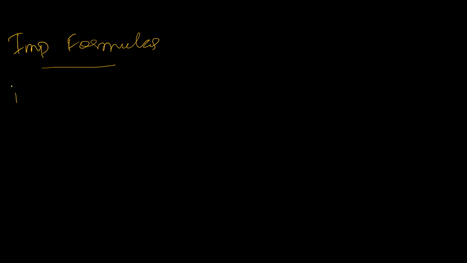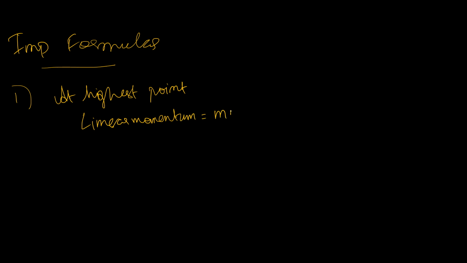First one: at the highest point, the linear momentum is m u cos theta, and the kinetic energy is equal to half m, where m is the mass, times u cos theta the whole square.